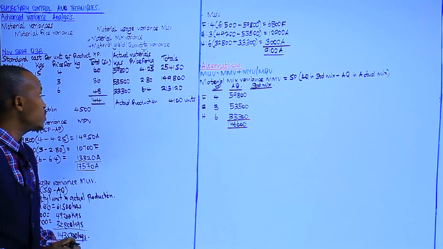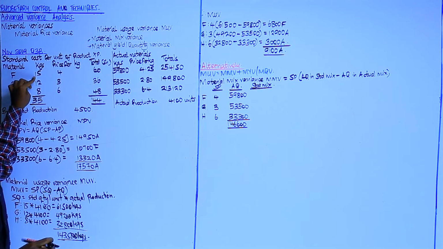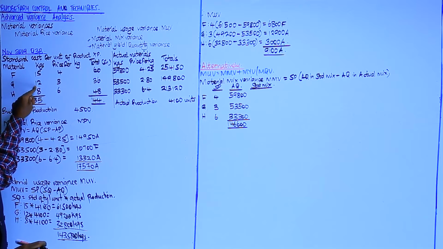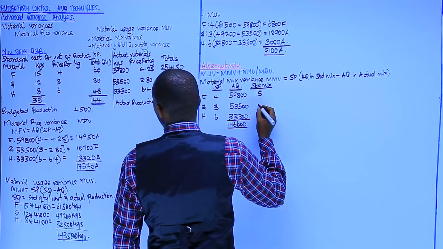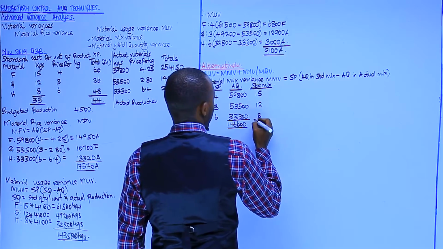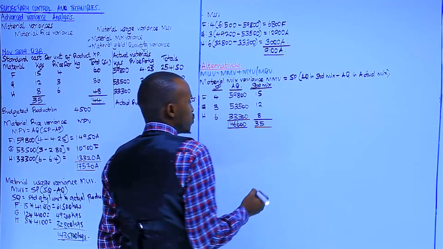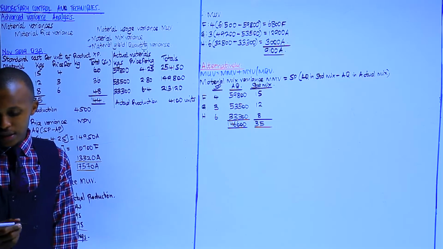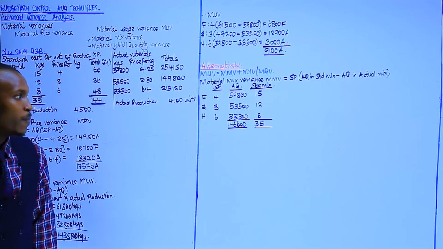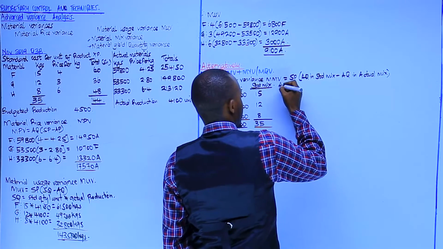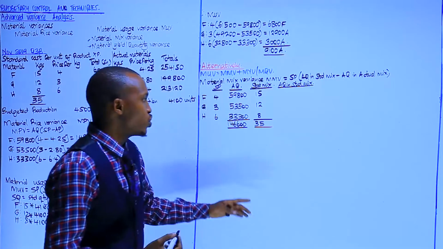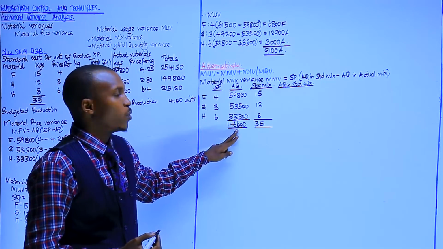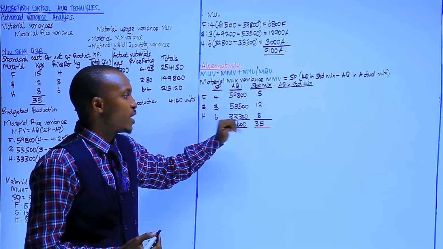You are using 15 kgs per unit of F, 12 kgs per unit of G and 8 kgs per unit of H. So your standard mix will be in the ratio of 15, 12 and 8, so that your total kgs to produce a single unit will be 35 kgs. Our actual quantity in standard mix simply means you share this actual quantity using the ratio of your standard mix.